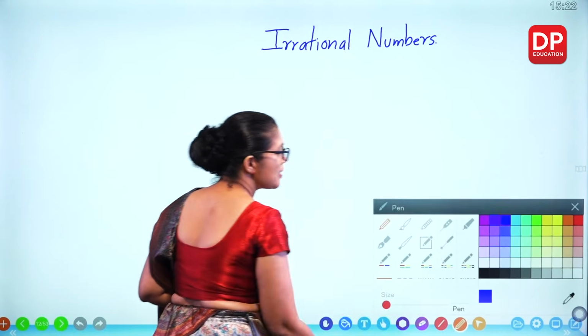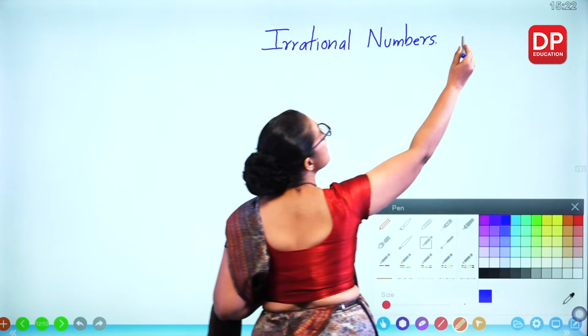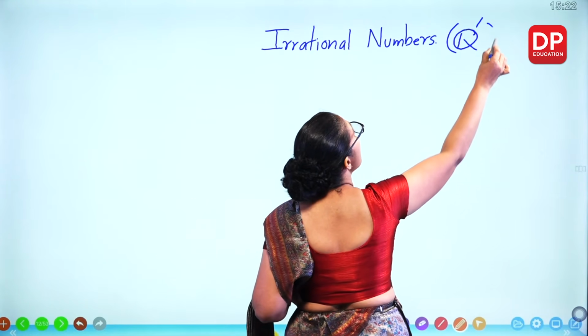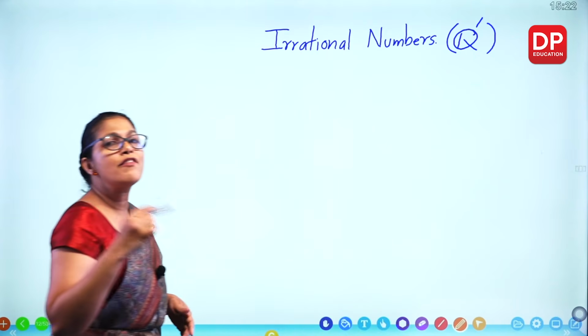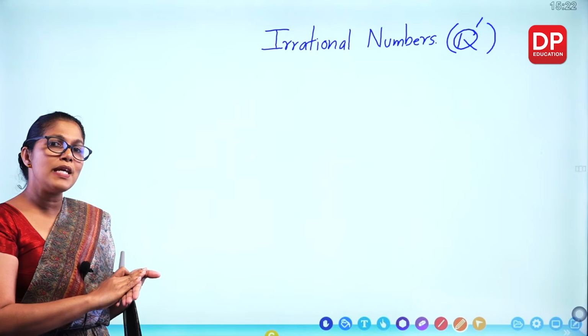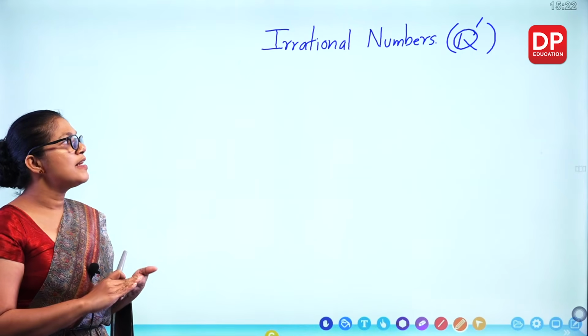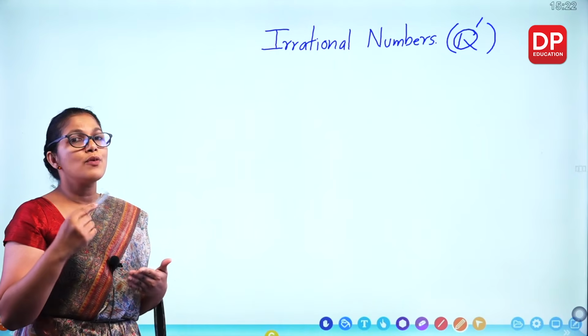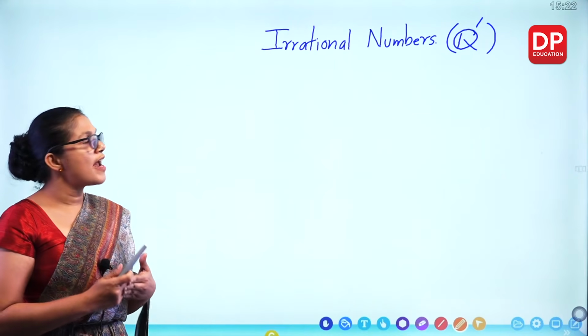We can use Q dash for irrational numbers, not a rational number. This is set notation. Dash means outside Q, that means not a rational number.